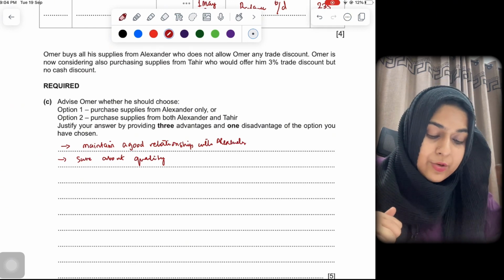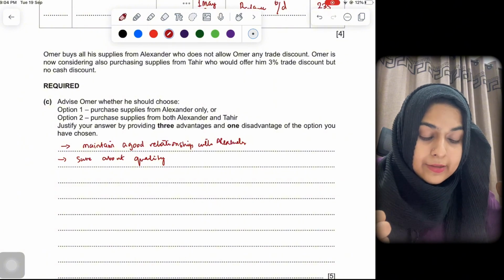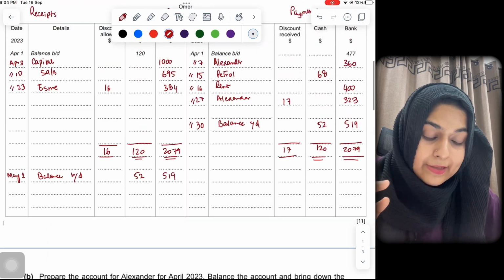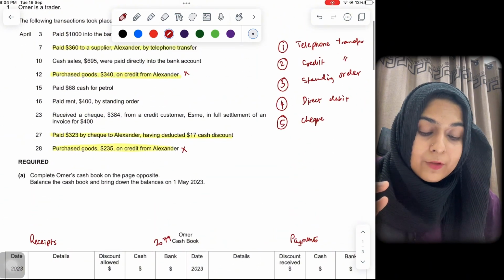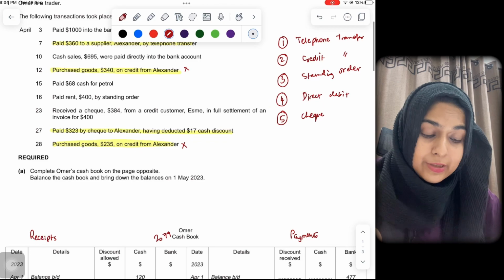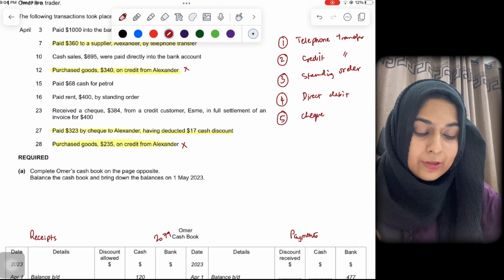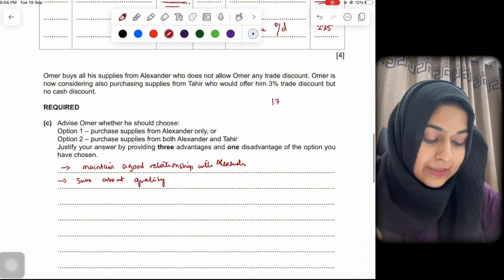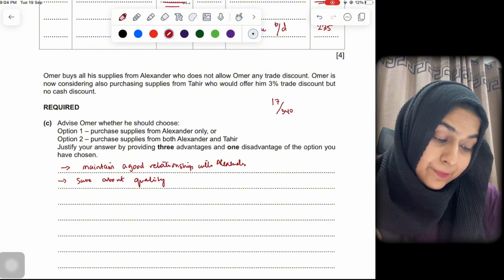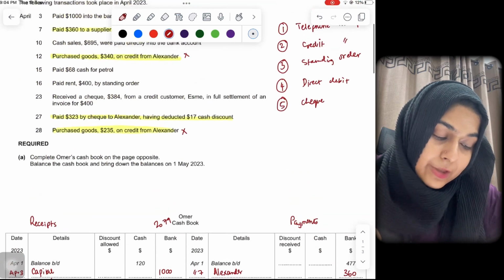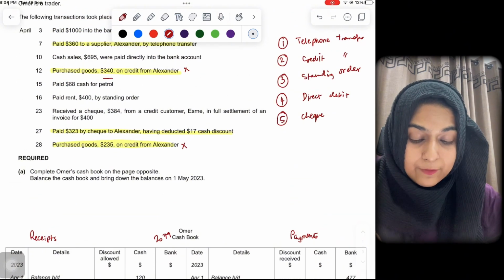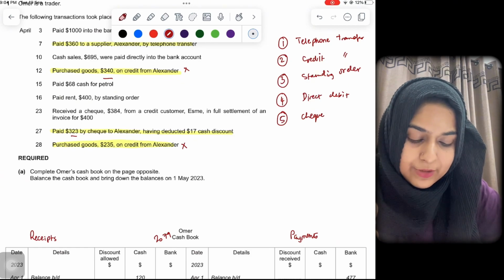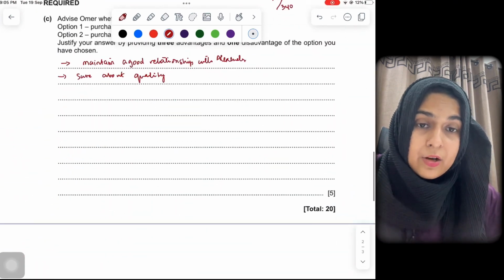Another advantage of buying goods from Alexander only is that Alexander gives Umar a better discount. If you calculate this, $17 was the cash discount on an invoice of 340. We purchased goods from Alexander of 340, and when we paid him 323, we got a cash discount of $17.